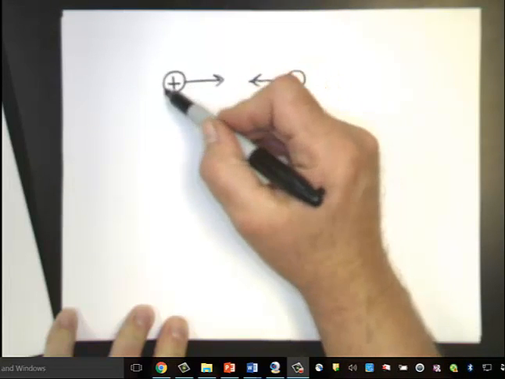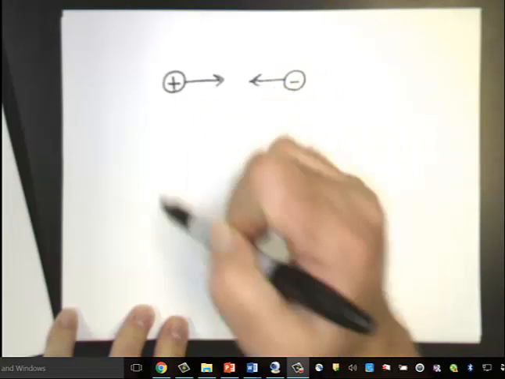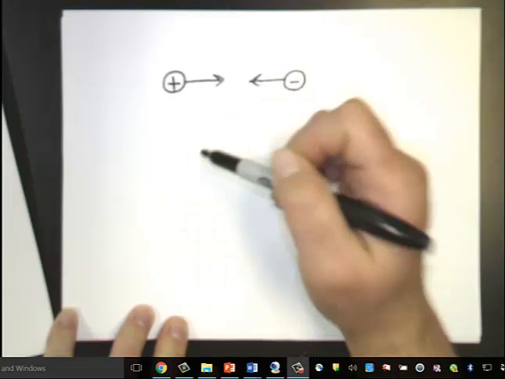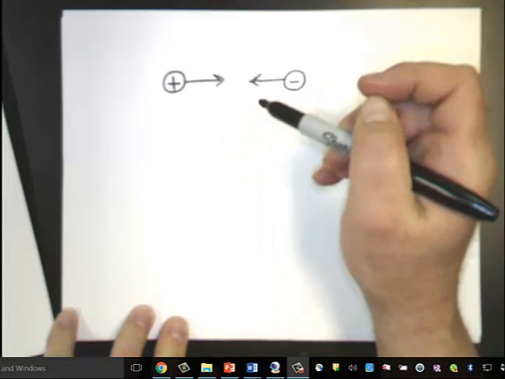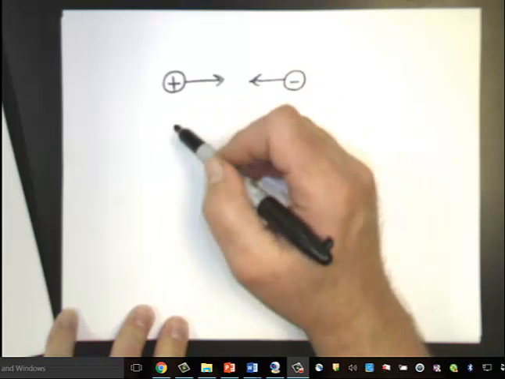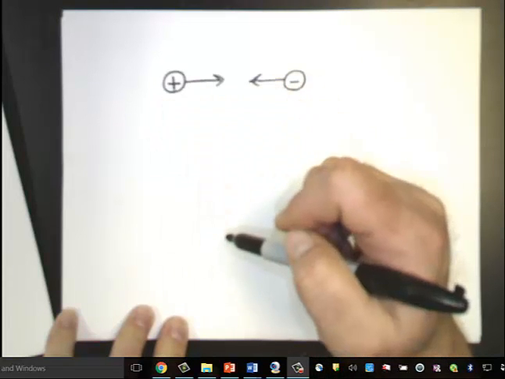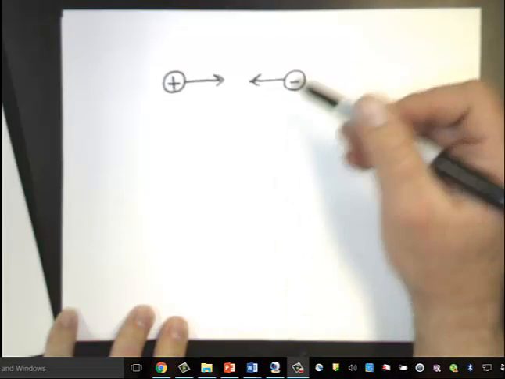If an object is positively charged, usually what that means is it has fewer electrons than normal. Most objects in the room are neutral. They have just as many electrons as they do protons. But if you take a few electrons away, that object becomes positively charged. If you add a few extra electrons to something, it becomes negatively charged.